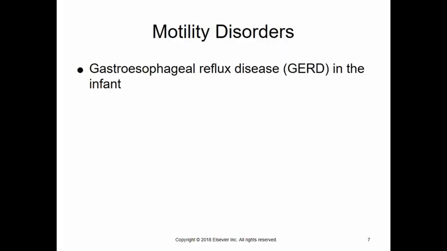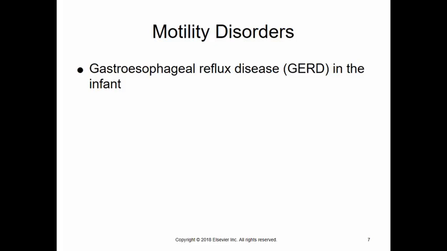Motility disorders in children. GERD is not uncommon in the infant, and really we discuss GERD in the adult, and it doesn't change much as far as the pathophysiology of the disease, other than the fact that infants have a short lower esophageal sphincter, and that is what makes GERD a little bit more common in infants.